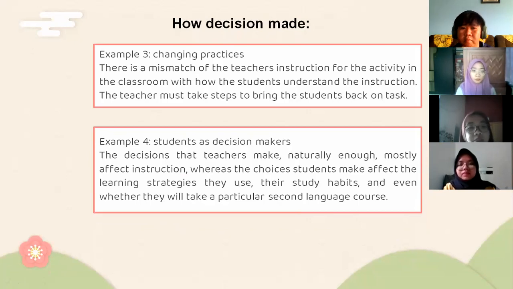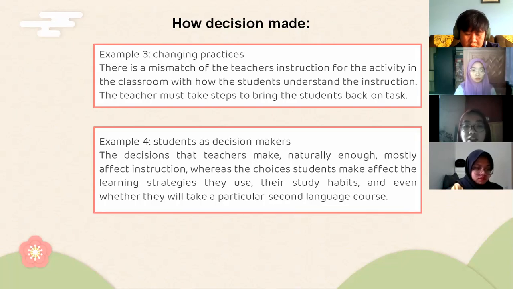Example 3, changing practices. There is a mismatch between the teacher's instruction for the activity in the classroom and how the students understand the instruction. So the teacher must take steps to bring the students back on task.